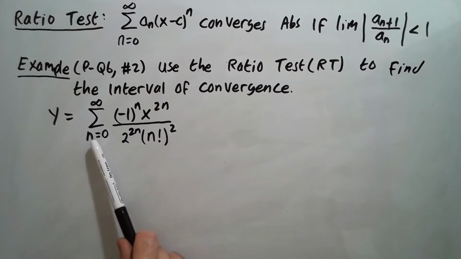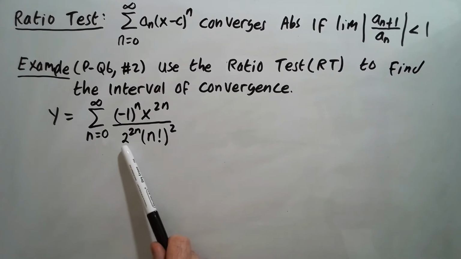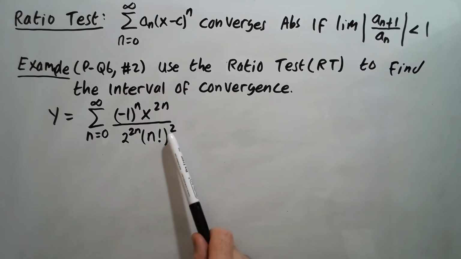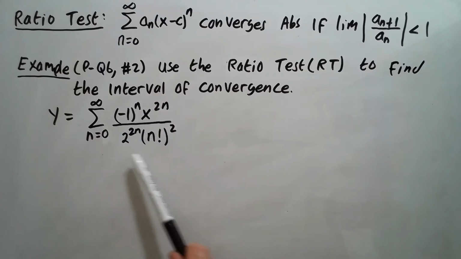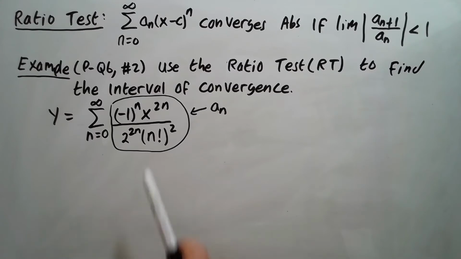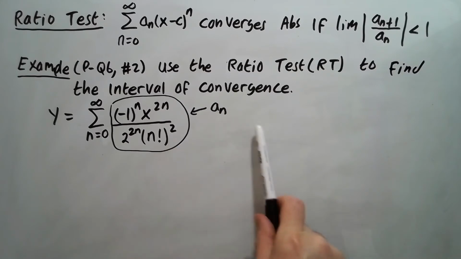y equals summation n equals 0 to infinity negative 1 to the n x to the 2n, and on the bottom divided by 2 to the 2n times n factorial squared. So this right here is my a n. Now to find a n plus 1, we're just going to replace all the n's with n plus 1's here.